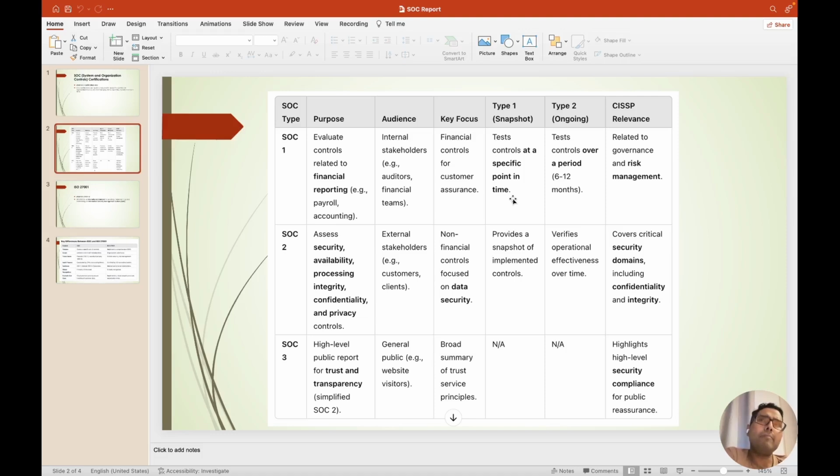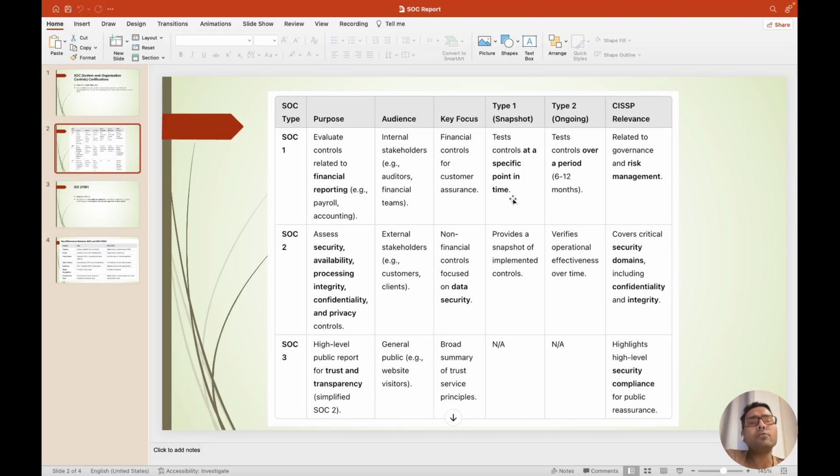And type 2 report is all about over a period of time. That means in the type 2 report, we need to show that the control has been implemented for the last 6 months or maybe the last 2-3 years, because some organizations may require that you have this control implemented for the last 2 years. Specifically, it happens within defense or those companies who deal with critical infrastructure. So they may ask you to provide evidence showing that you have implemented this control for 2 years or maybe 3 years.